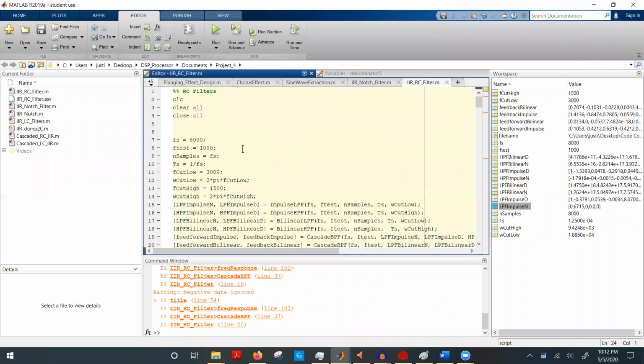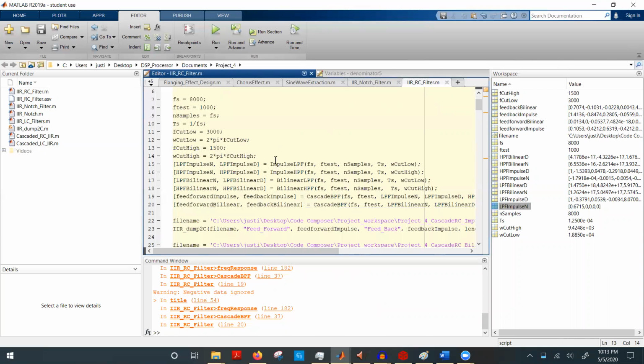Here in MATLAB, we have the low cutoff frequency, and this is kind of backwards because the low pass filter will actually determine the maximum, or the high point, of the frequency in your band pass filter, and the high pass filter determines the lower cutoff frequency of the band pass filter. So this is going to be a band pass filter from 1500 to 3000 hertz.